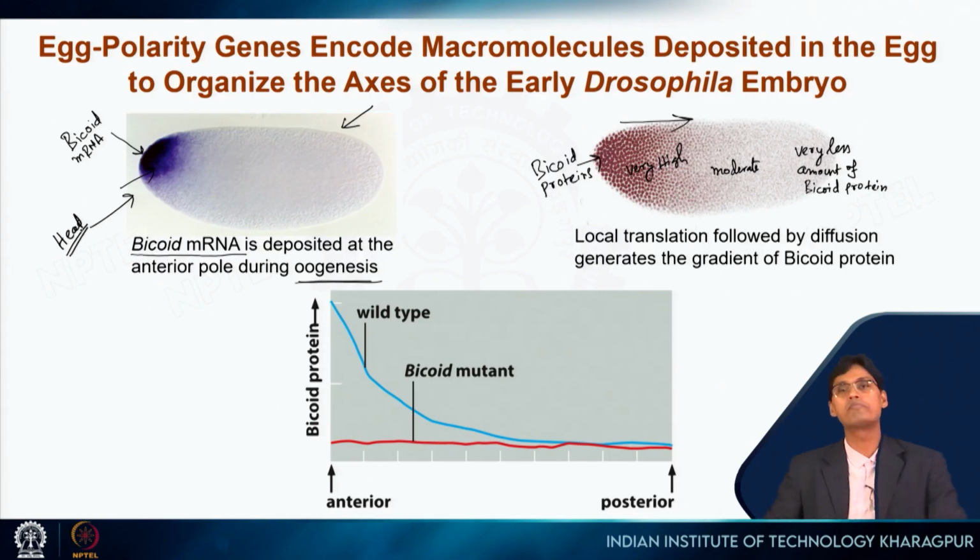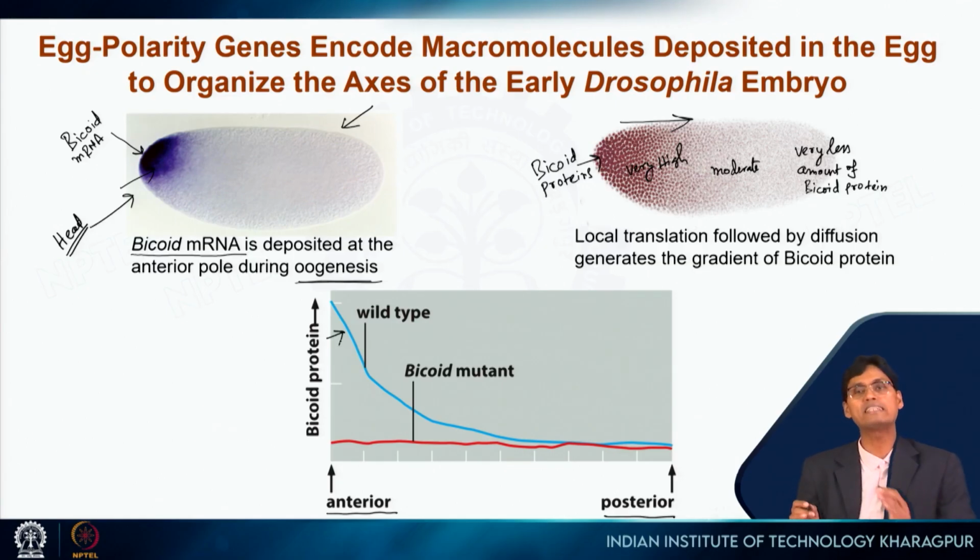This side will be the head part after so many rounds of cell division going on and on. Now in this curve, we are trying to explain that this is the anterior side and this is the posterior side. And now if you see the bicoid protein concentration, as I already mentioned, this blue curve here is the bicoid protein concentration at the anterior end.